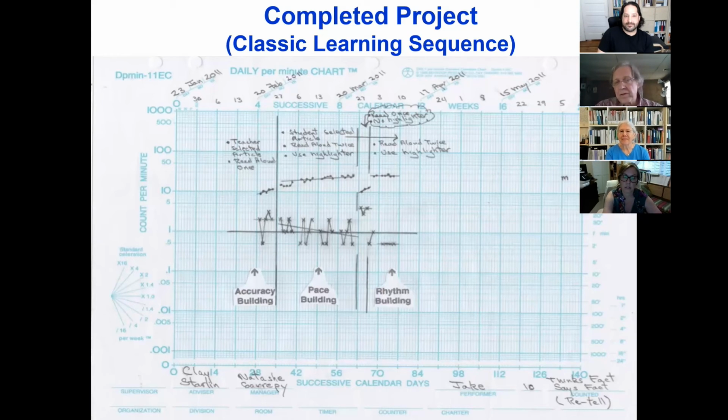But we know all sorts of kids who are accurate and quite quick, but they don't have smoothness. They don't have the rhythm. So there really is a third piece to this mastery, which is getting what an athlete would say in the flow, or a musician would say in the groove, where you're actually rhythmic. It's not the fastest possible, which some people get confused about when they hear timing or pace. It's that smooth, comfortable portion.